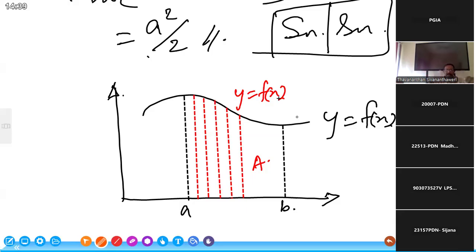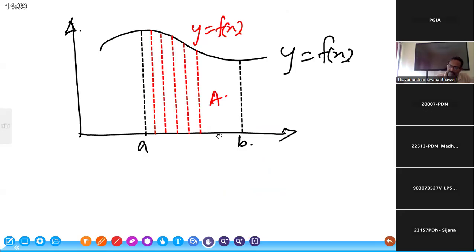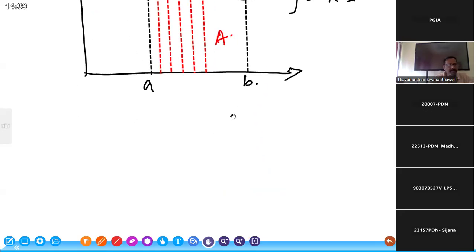That is the concept of integration. We can do certain other curve functions, but I don't need those, so we will go directly to the integration functions. The concept of integration is the area under the curve.